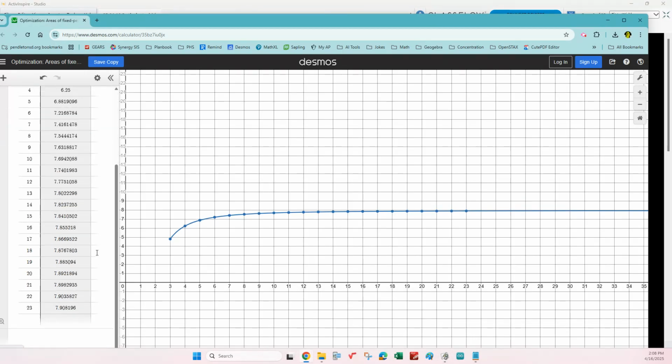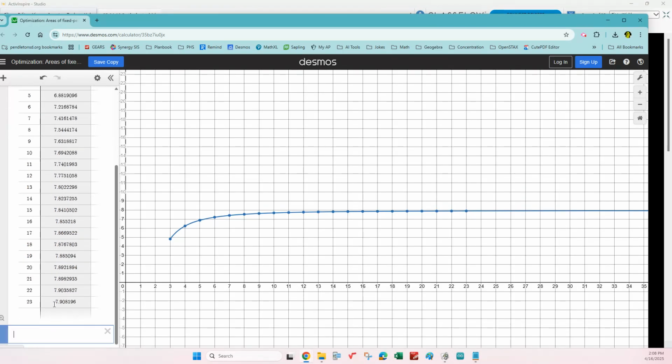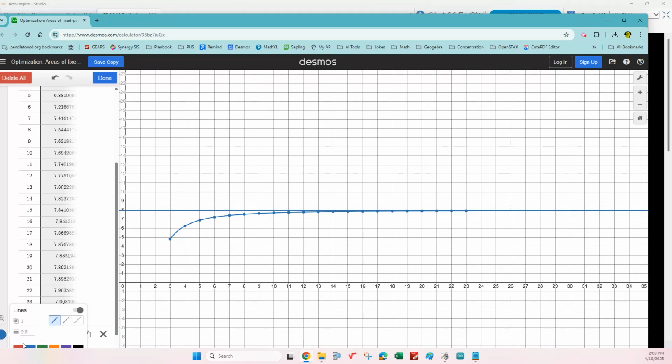And how about if we graph the horizontal line, y equals 25 divided by pi. And let's make it red, how about? Okay, that works, doesn't it? Right?